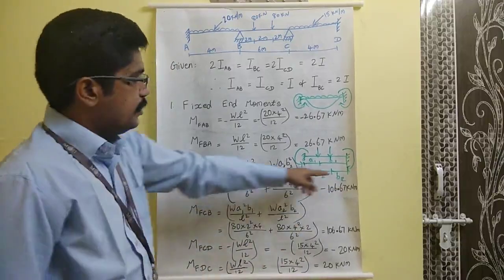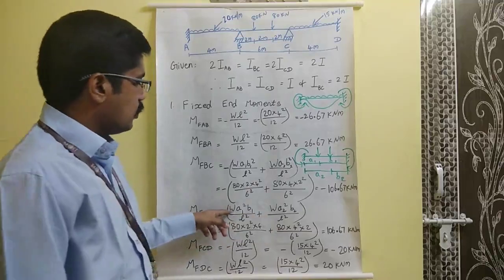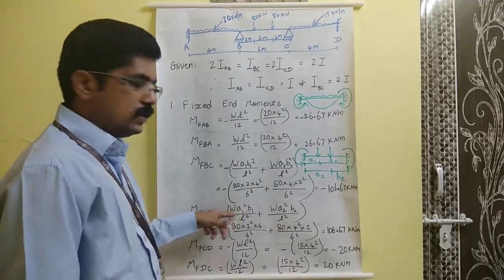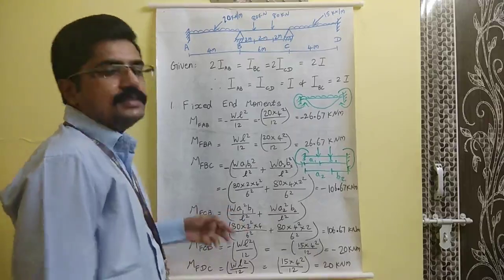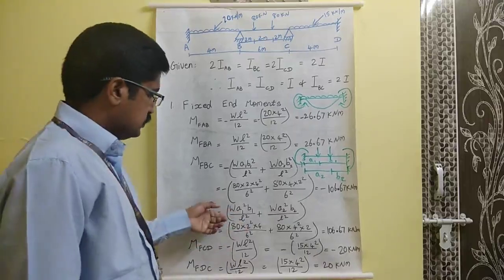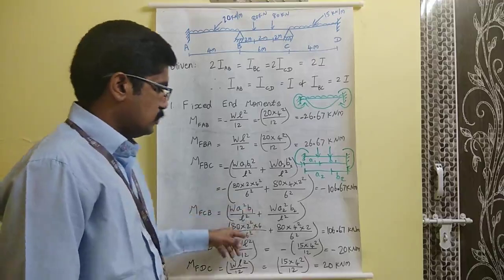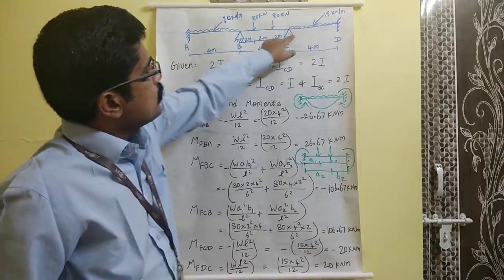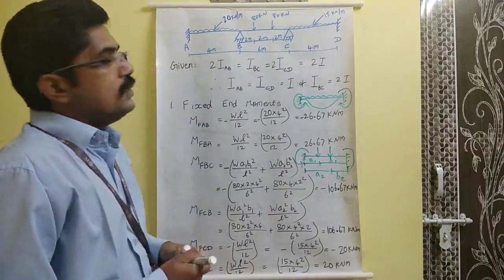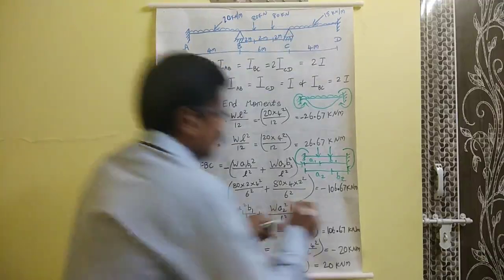Next for CB, what is the moment at C? We use WA1 square B1 divided by L square, the same formula repeated, but here the sign changes. Since it is in clockwise direction, it is positive. By substituting we get 106.67. Next we take the span CD.